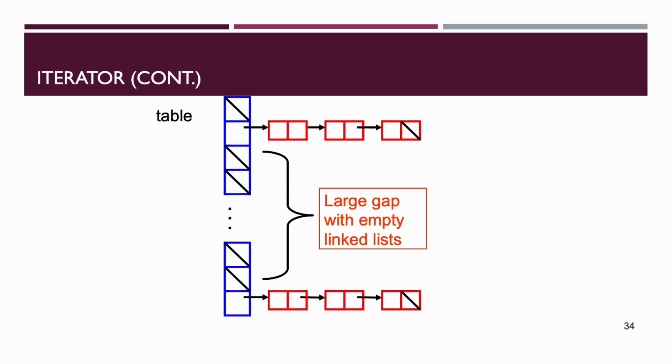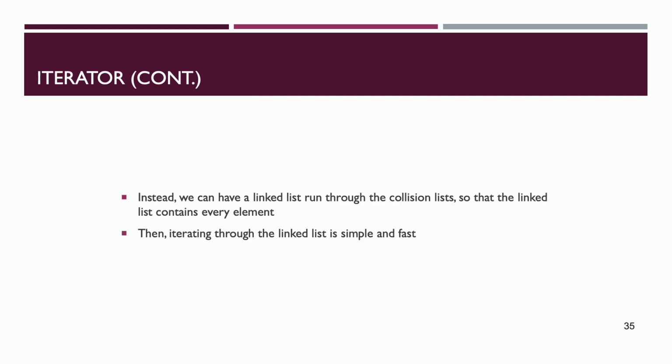Here, if you see, we have this large gap with empty linked list. Instead, we can have a linked list run through the collision list so that the linked list contains every element. Then iterating through the linked list is simple and fast.